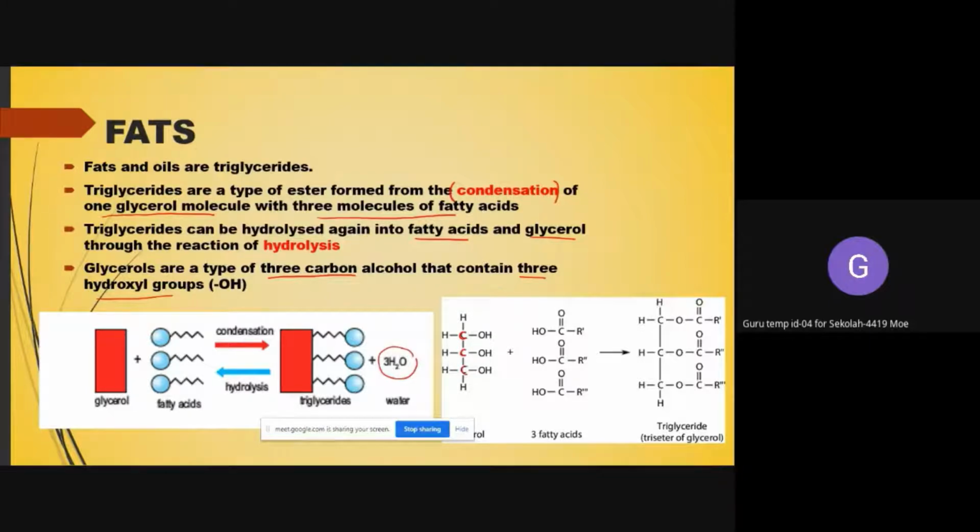So daripada sini. Dia akan buang 3 water molecule daripada sini. 1, 2, 3. So 3 water molecule akan dibuang apabila proses condensation berlaku untuk membentuk triglyceride.